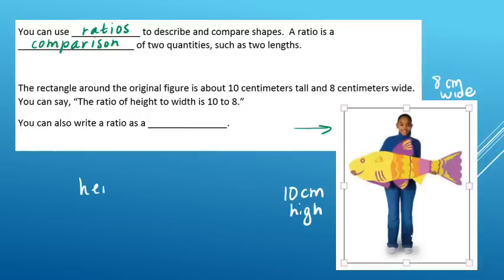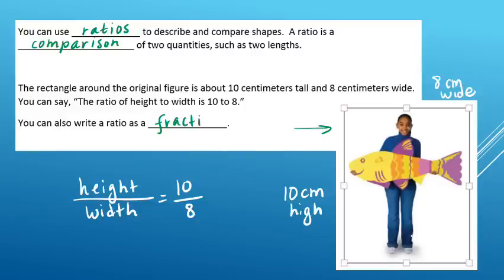If I was comparing height to width, I could say it's 10 to 8. You can also write a ratio as a fraction, and that's exactly what I did here. I wrote height over width, 10 over 8.